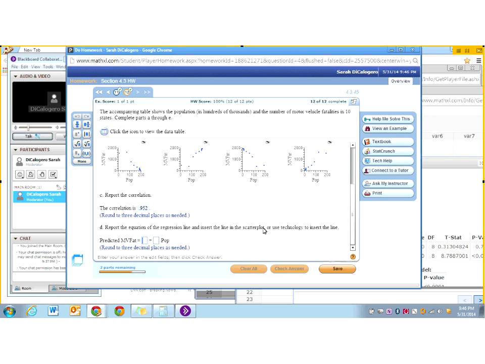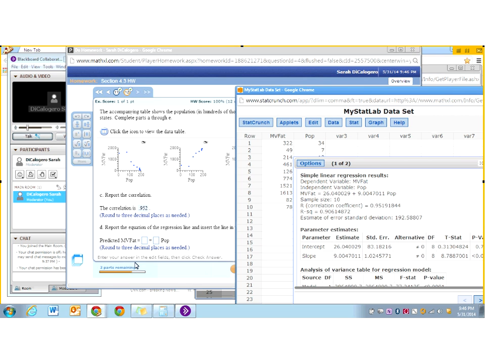So, predicted motor vehicle fatalities. Let's look here. Is equal to some number plus some number times population. What StatCrunch does for you, so here's our regression line.